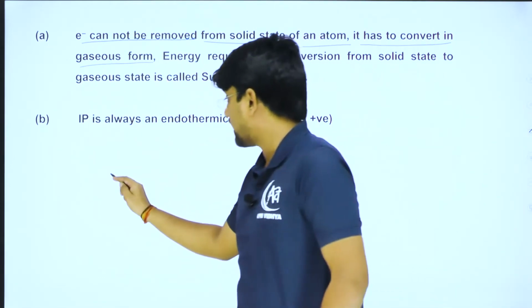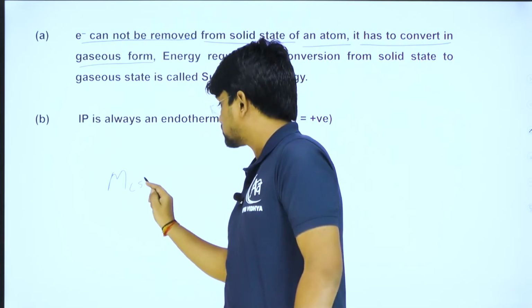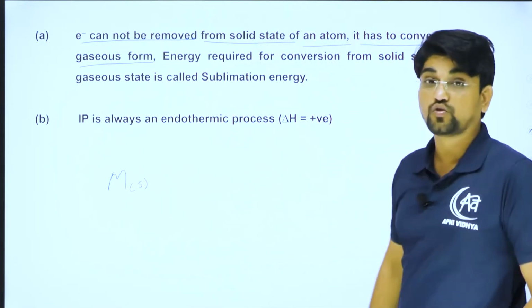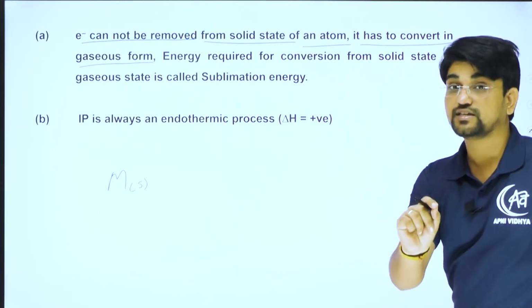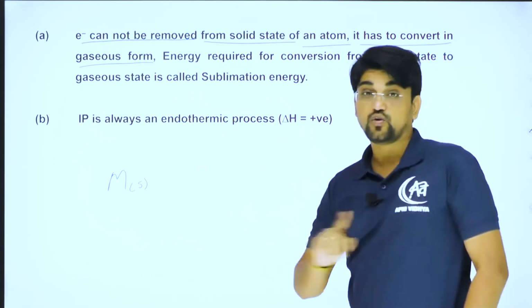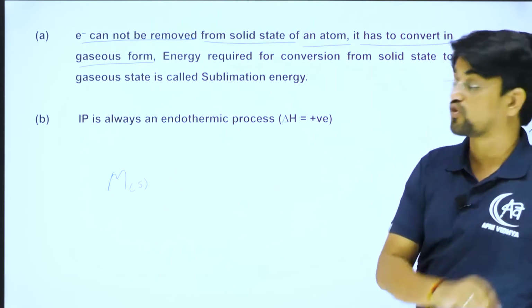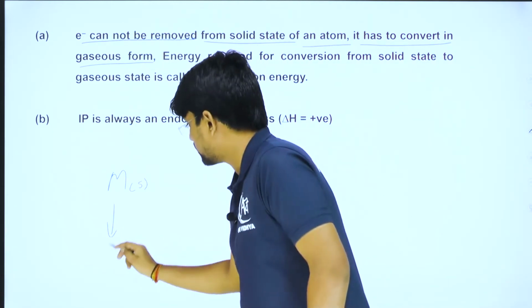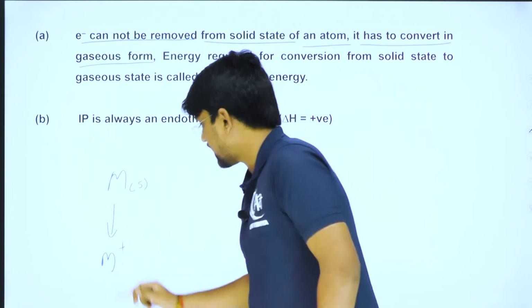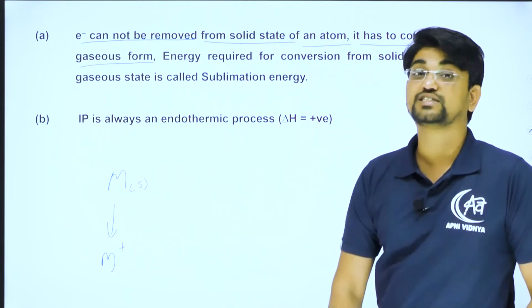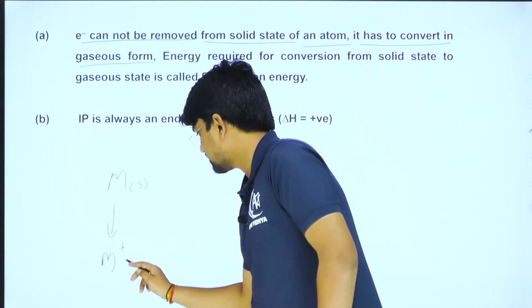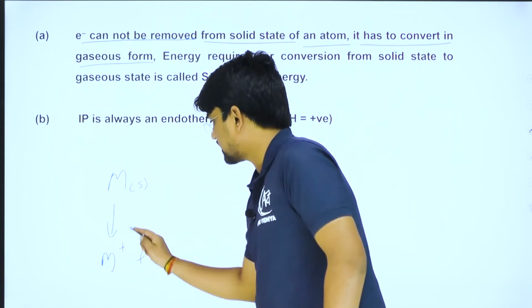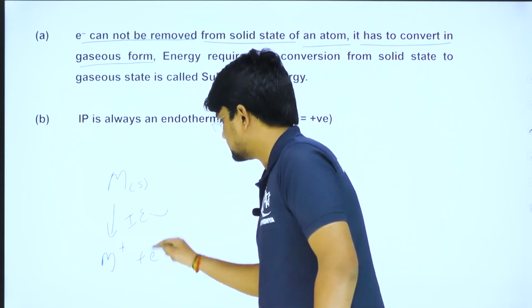If you have an atom in solid state and you want to remove an electron, it cannot be removed directly. M to M plus is not possible directly, so this can't be ionization energy.